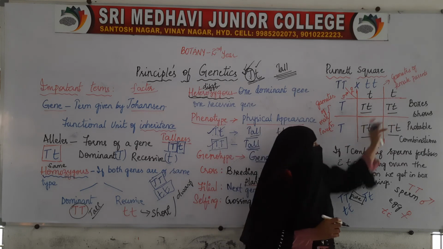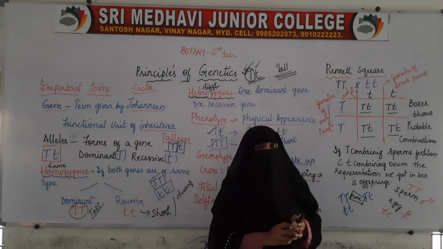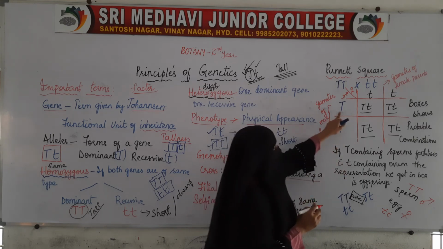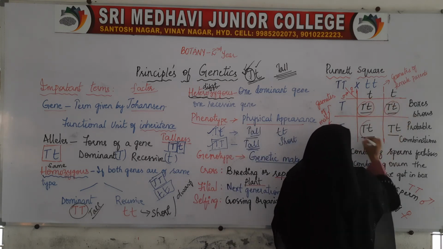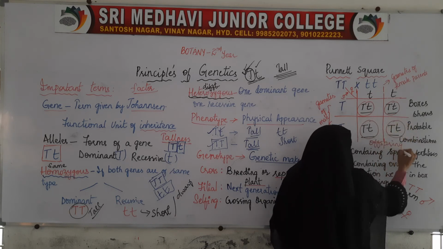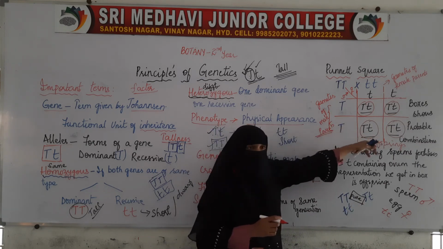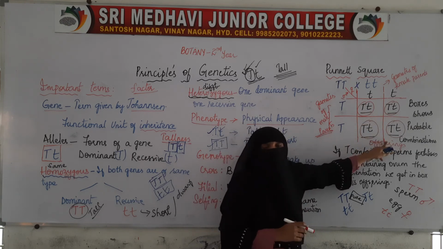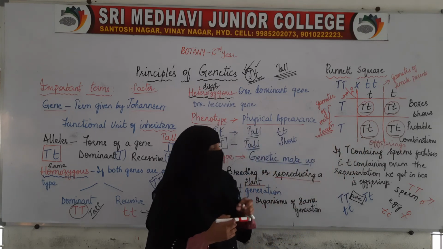We can get this type of offsprings. These are the parents, on these sides, and these 4, 1, 2, 3, 4, are the offsprings, that is children, which we can get from these combinations. So these 4 are the probable offsprings which we get.